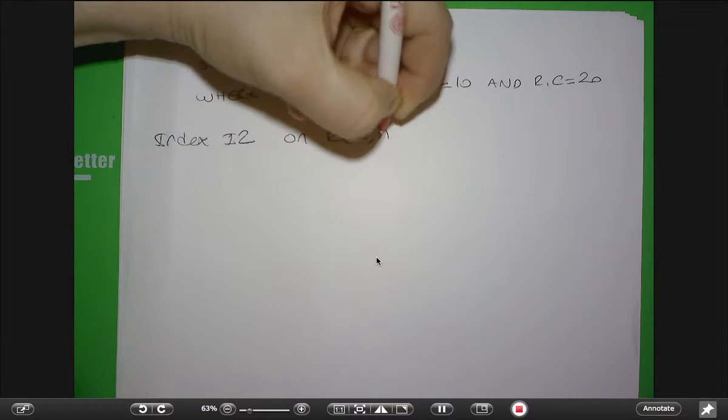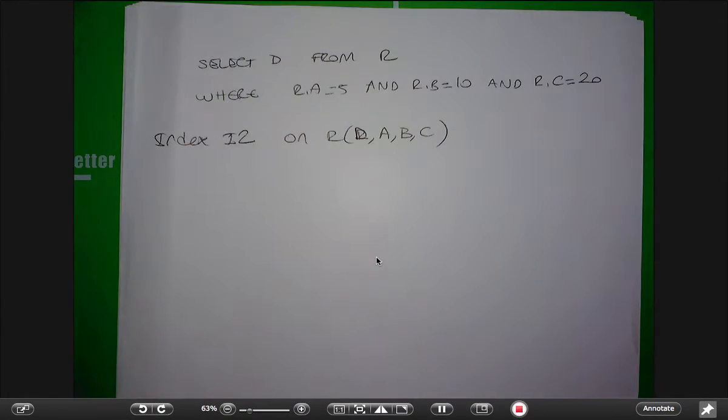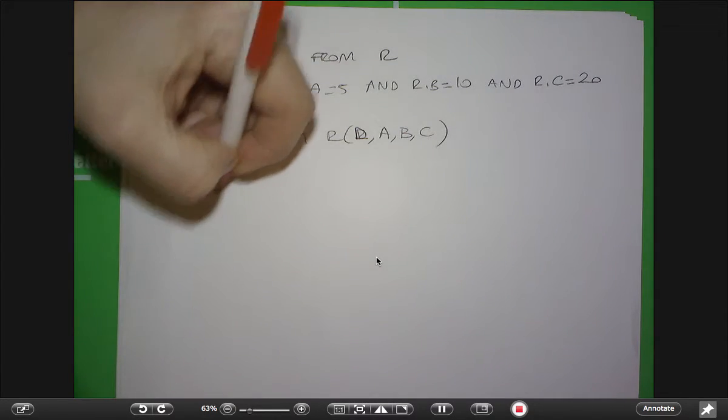It is on R.D, A, B, and C. So now to answer the same query, what can I do? This is what you're doing for the homework. What does this take? To be able to answer this, you have to scan every single leaf node, because the index is not sorted by A, right? It's sorted by D.